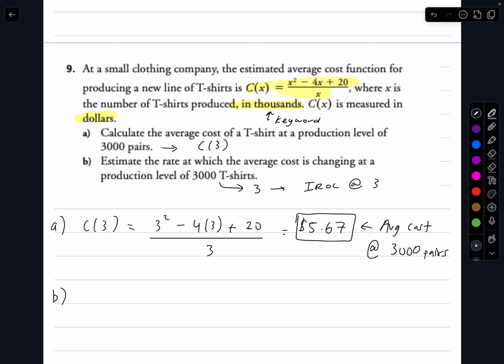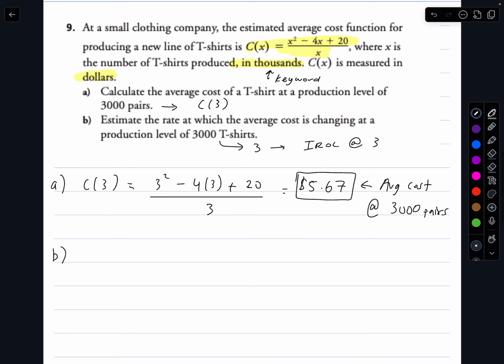Remember, if they gave us 2 points, then we would know it was the AROC. But because it only gives us 1 point, which is 3,000, which converts to 3 because of the thousands, we know it's 1 point. So what we have to do is take 3.1 and 2.9, so 2 points really close to that, and we have to solve this out like that.